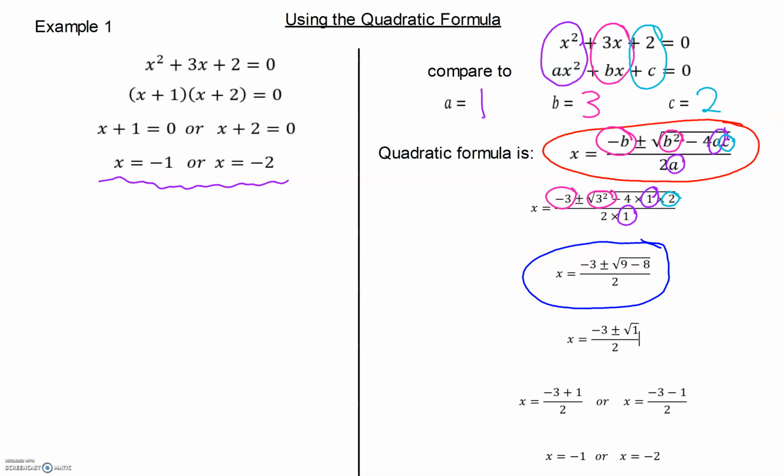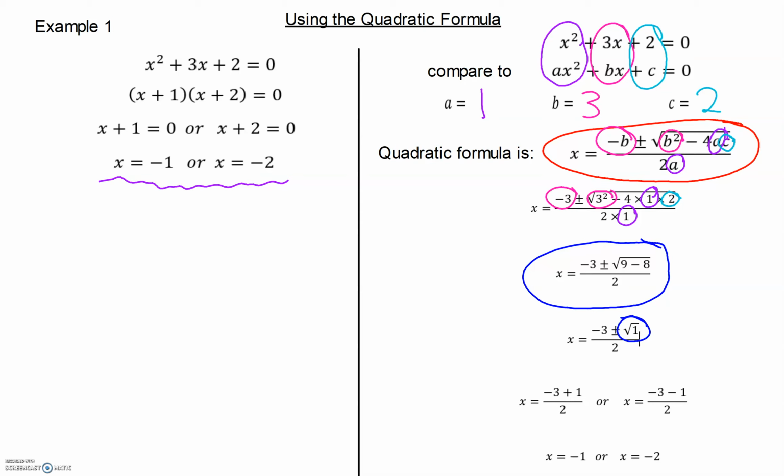So my quadratic formula has simplified down to negative 3 plus or minus the square root of 9 take away 8, and that's all over 2. 9 take away 8 is clearly 1, so we then end up with this square root sign being simplified down to 1, the square root of 1. And at the bottom, we can end up then with 2 clear solutions.